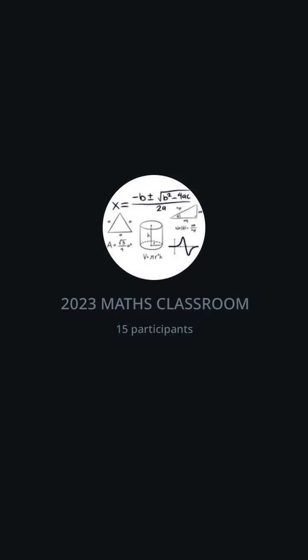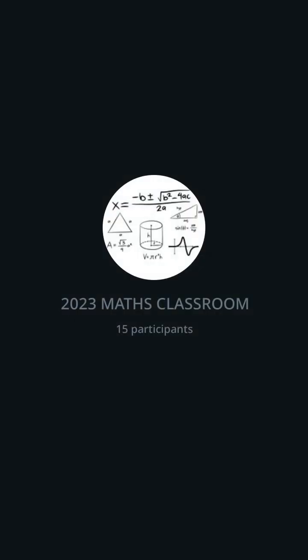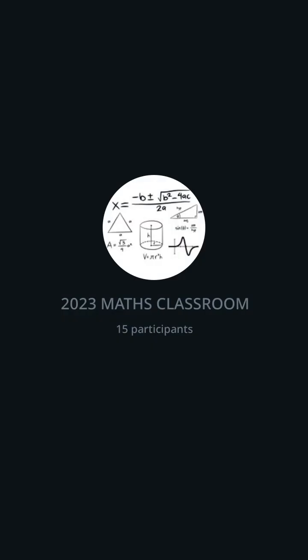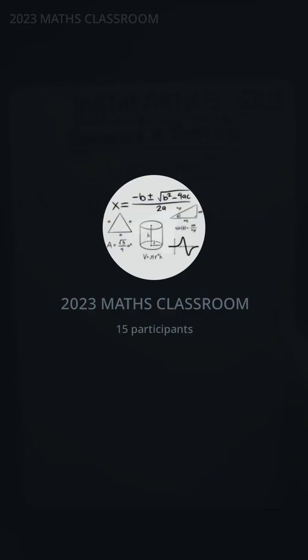So let's do a geometric sequence. You need to remember that you either have a series or a sequence. The moment you see those, you know you are dealing with a sequence. So 2.2.1 says determine the value of R, being the common ratio, which is 1 mark.